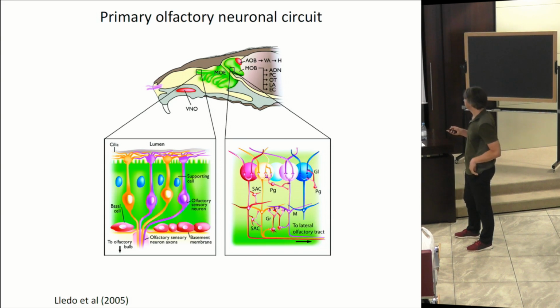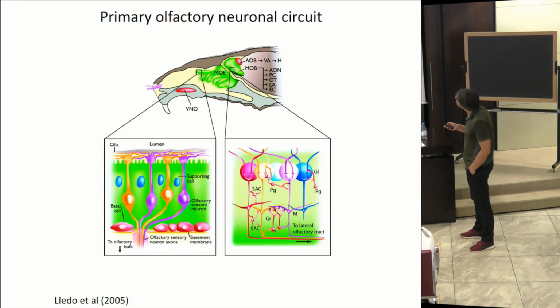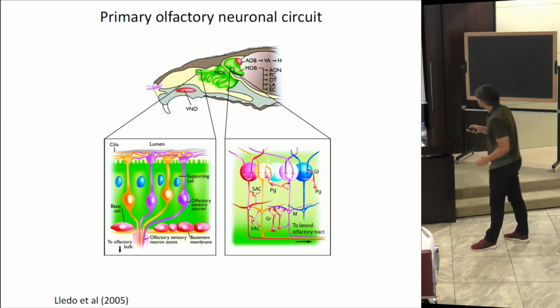What is also interesting is that each neuron that expresses a particular type of receptor projects to the same structure, which is called a glomerulus. The second type of neuron projects to another glomerulus. So there's a lot of integration already happening on this layer.